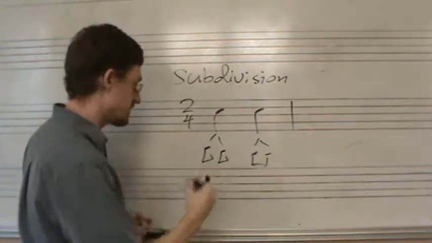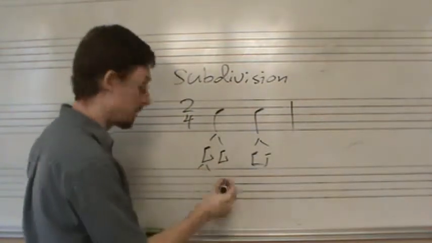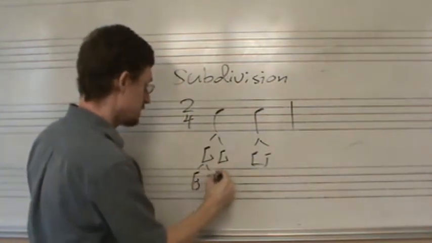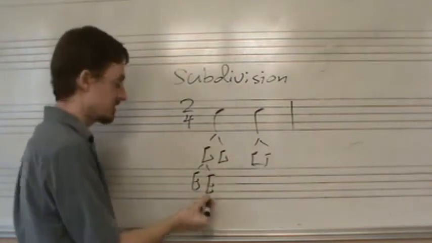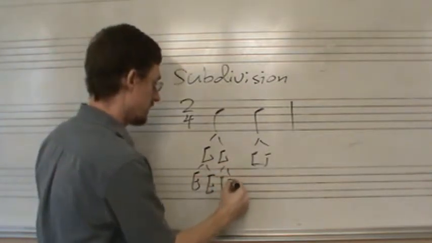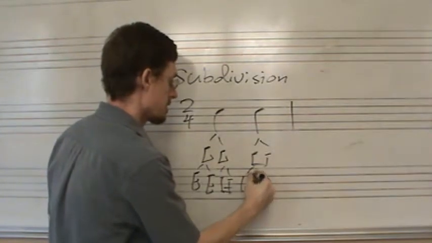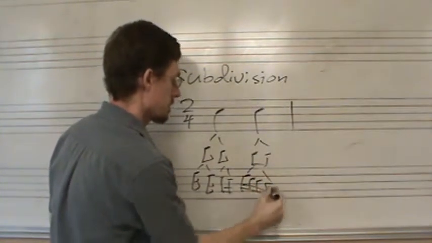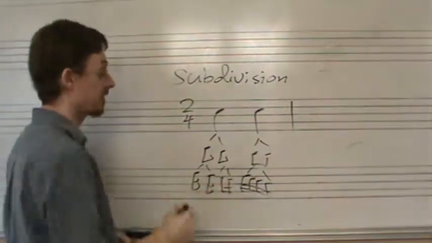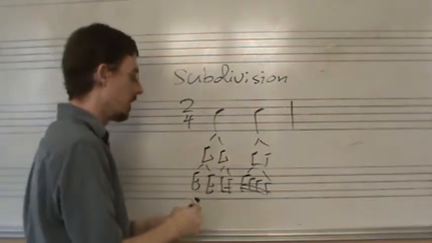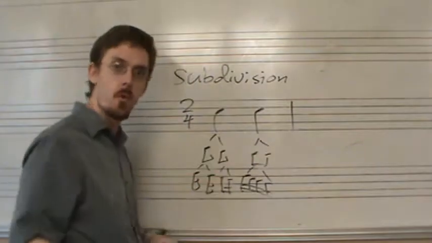Double subdivision is similar. You just go one more level down. Split each of those eighths into sixteenths. I'll just make this faster. Okay, 2 different ways, or in this case 3 different ways you can think of it. So now we are dividing each beat into 4.